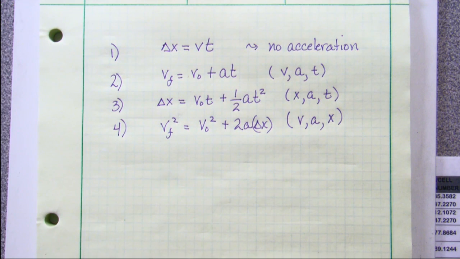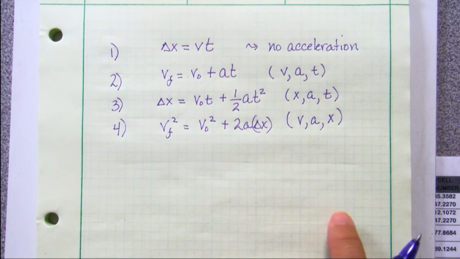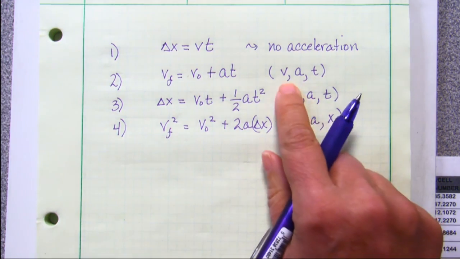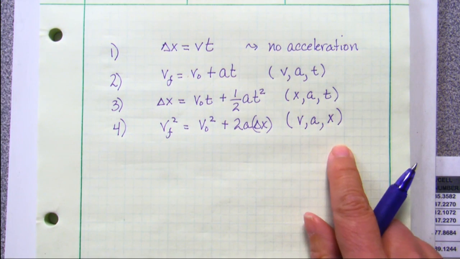So when somebody says, I don't know which equation to use, I write down my knowns and look at my unknowns for these problems. I'm looking at what variables they are giving me, and that is going to tell you which equation you're going to use.